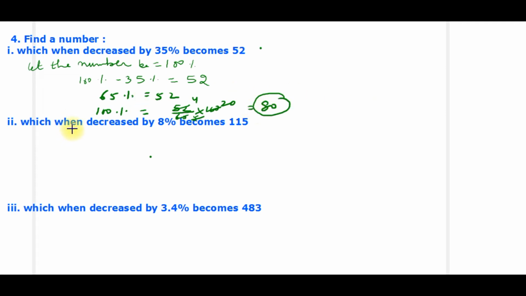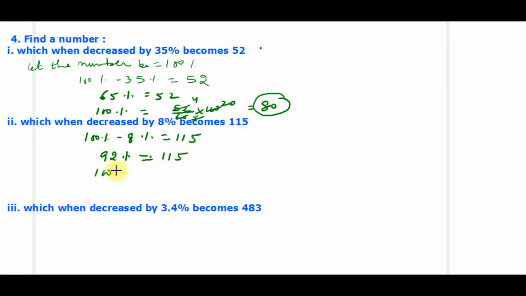In the similar way, let the number be 100. 100% minus 8% would become 115. So 100 minus 8, 92% becomes 115.